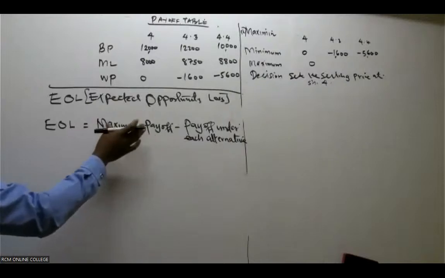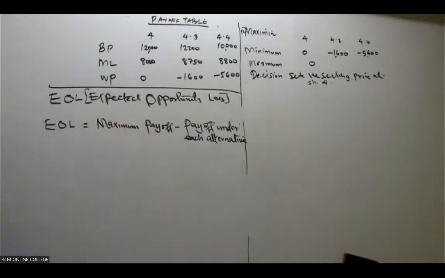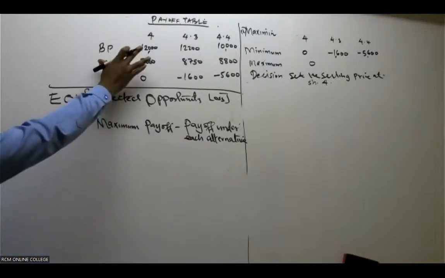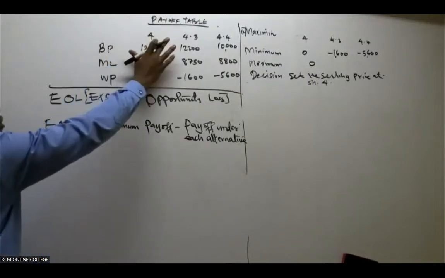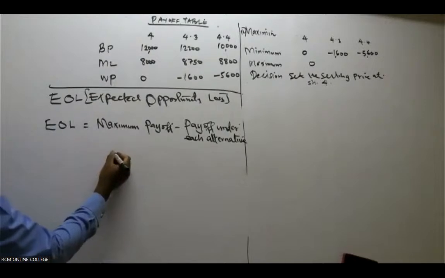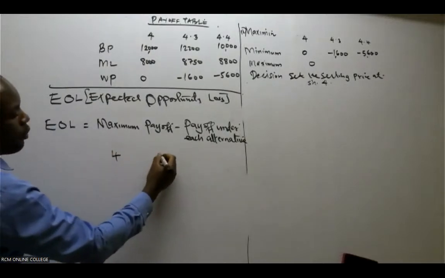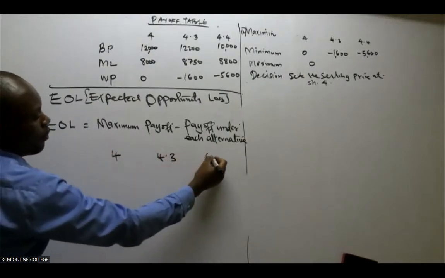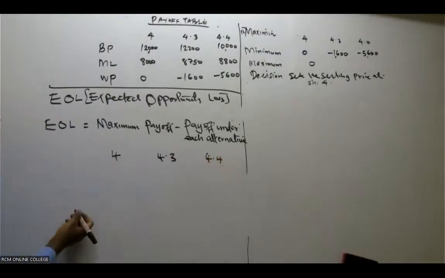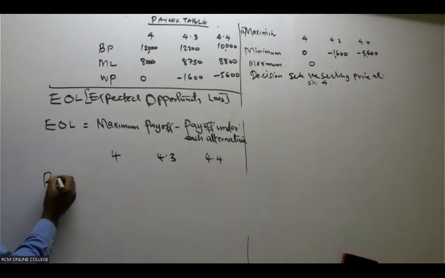So the maximum payoff, are we able to identify this maximum payoff? It is maximum payoff minus payoff under each alternative. Good. Very simple. Just come to this payoff table. Come and indicate 4.3, then 4.4. Best possible.